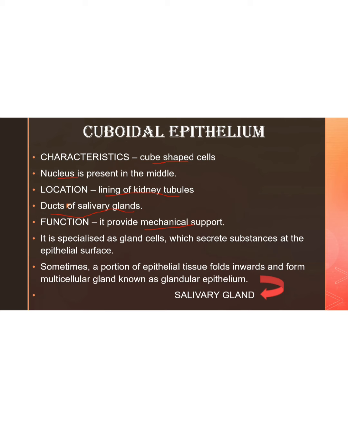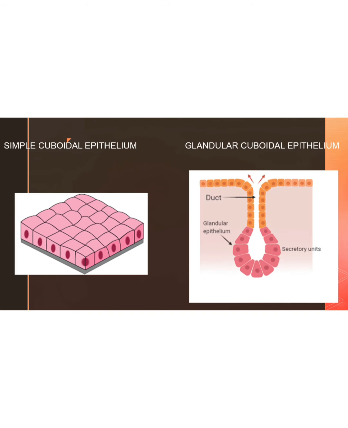So what happened here? This kind of epithelium is generally present in the salivary gland. What is the specialized structure? Glandular epithelium. This glandular epithelium is a specialized case of your cuboidal epithelium. In this picture you can see the simple cuboidal epithelium, where cube-shaped cells are present and the nucleus is in the middle.